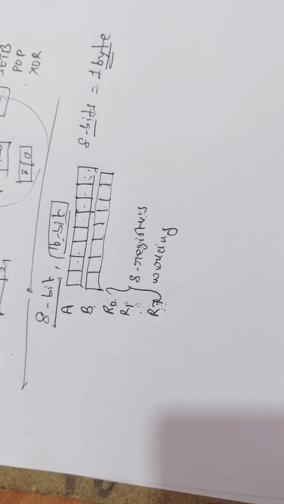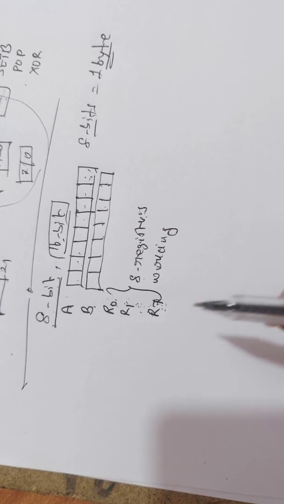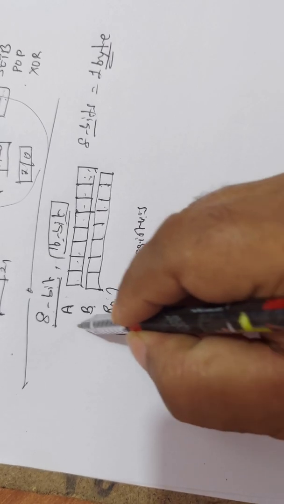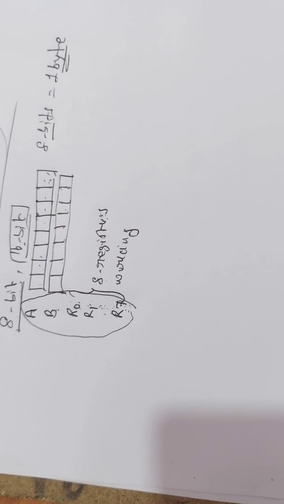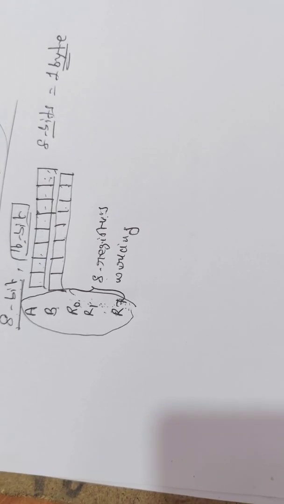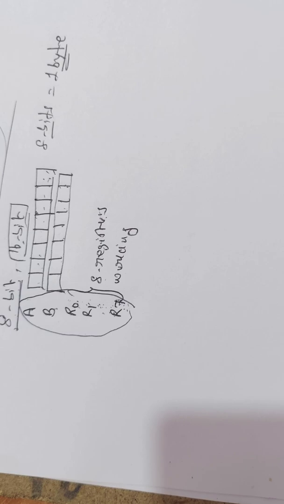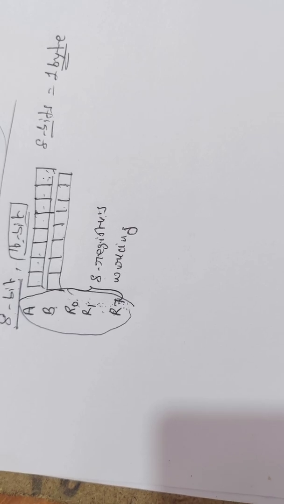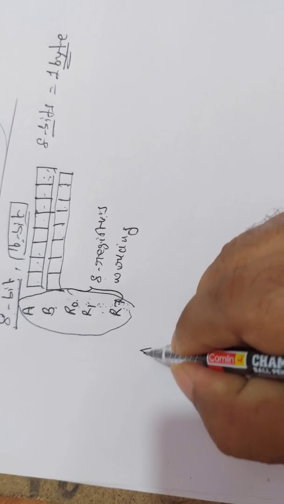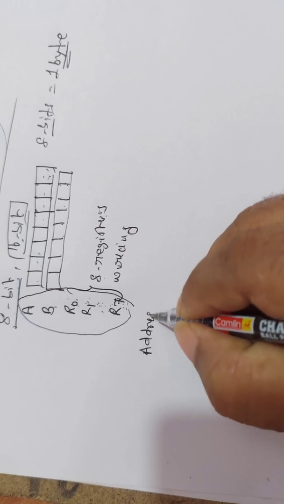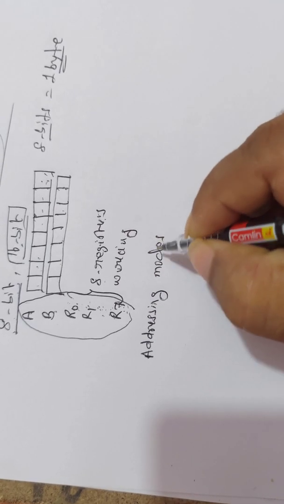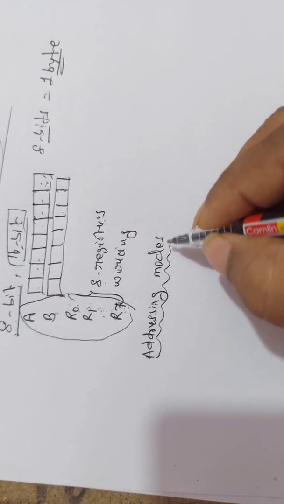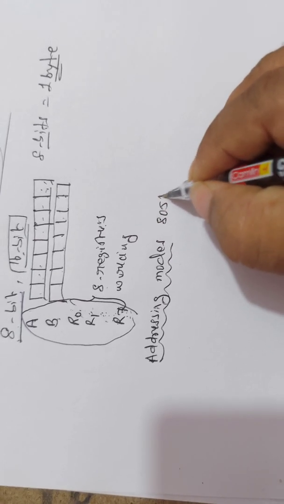Now, we will use all these registers to discuss the starting of the second unit. In the starting of the second unit, we will discuss the addressing modes. What are the addressing modes used in the 8051 microcontroller?